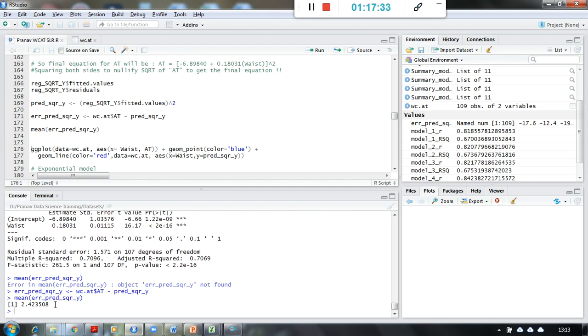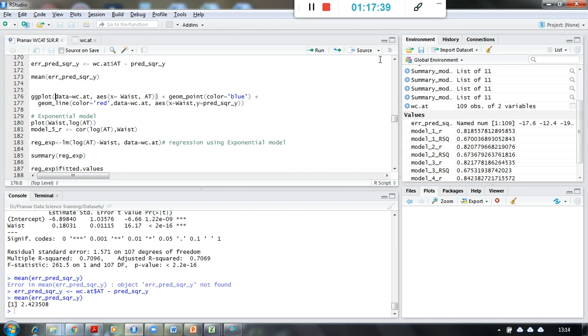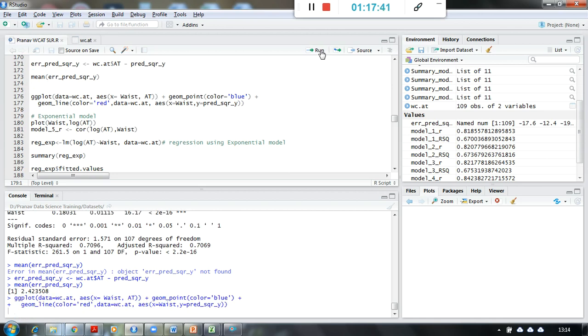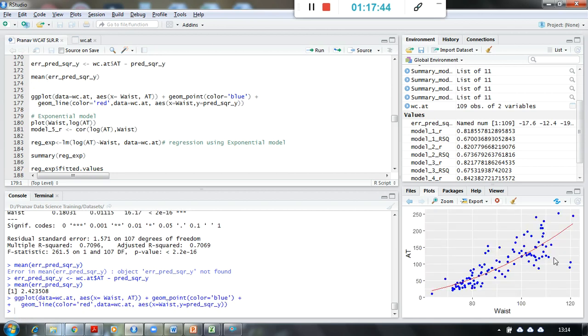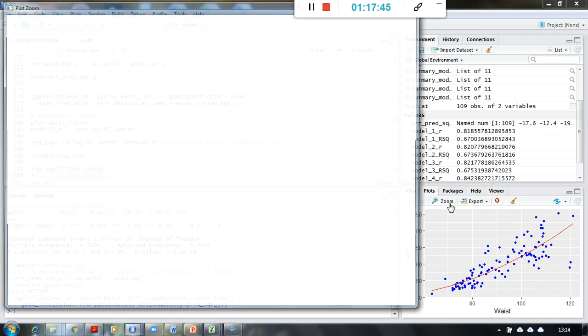Why? Because, as I said, the relationship has changed here, right? So if I plot the regression line, you can see a curve formation has happened.